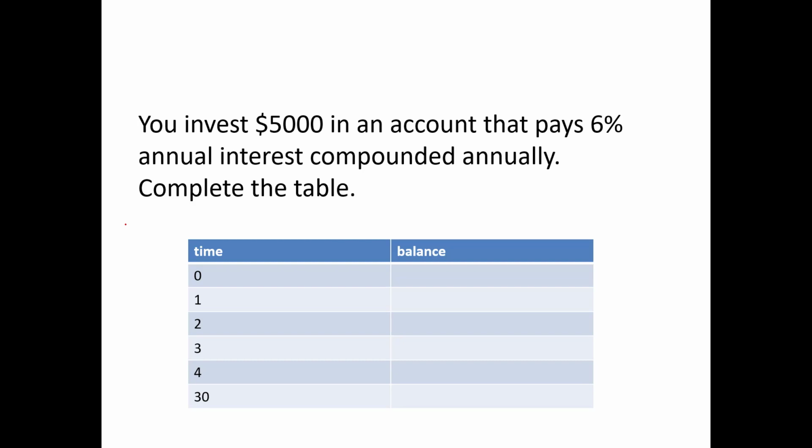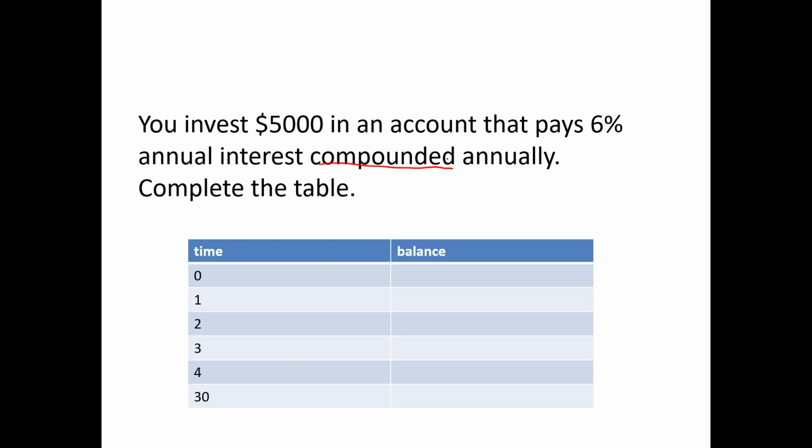So you invest $5,000 in an account that pays 6% annual interest compounded annually. Complete the table. Okay, so compounded annually means that this is not simple interest, right? You're getting paid every year, and the next year you get paid on what was in the account the previous year, not what you initially invested, right?